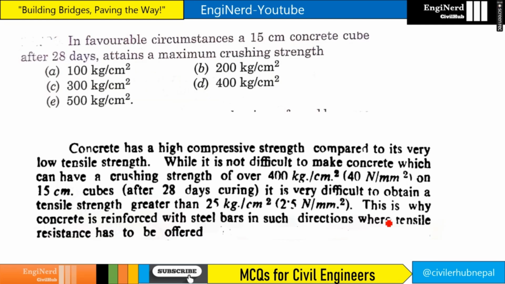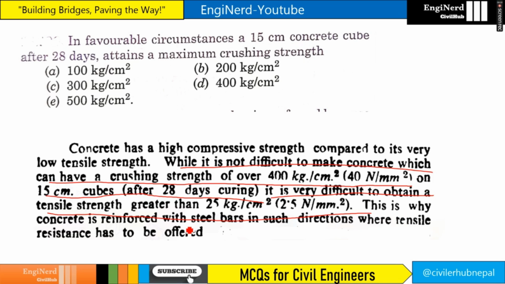Next, in favorable circumstances, 15 centimeter concrete cubes after 28 days attain a maximum crushing strength. While it is not difficult to make concrete which can have a crushing strength of over 400 kg per centimeter square, or 40 Newton per mm square, on 15 centimeter cubes after 28 days curing, it is difficult to obtain a tensile strength greater than 25 kg per centimeter square, 2.5 Newton per mm square.